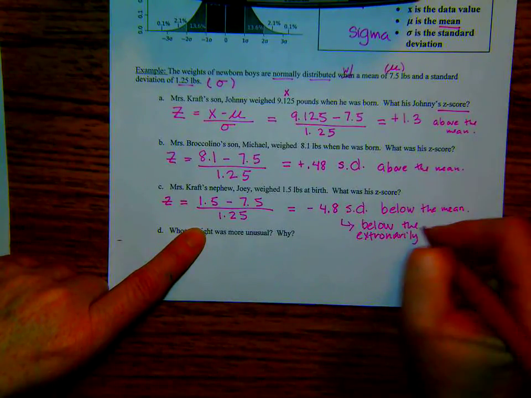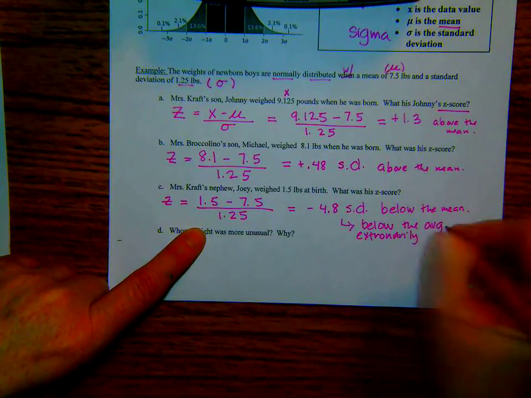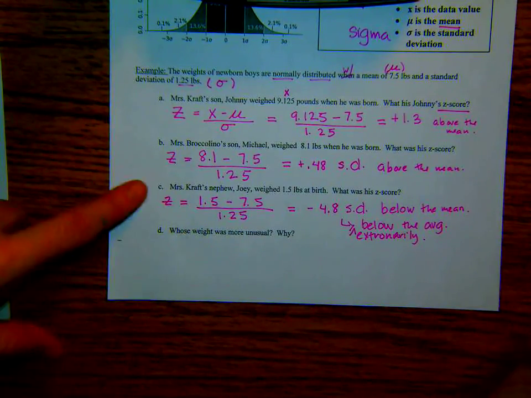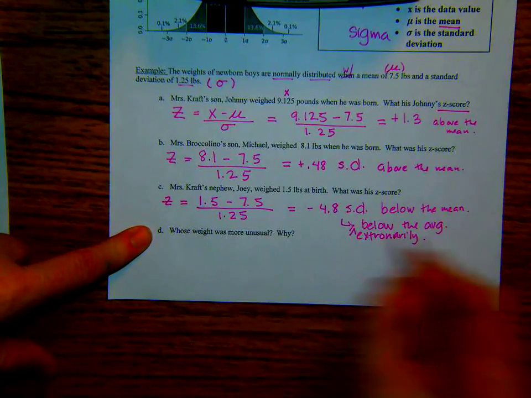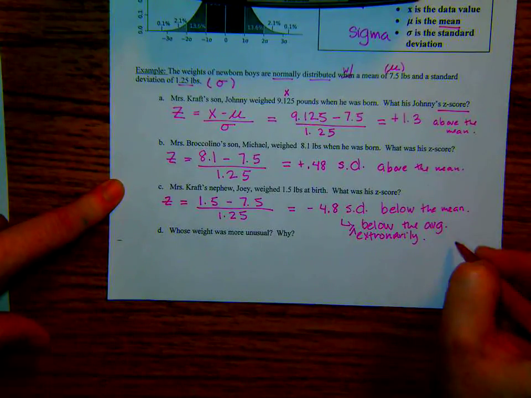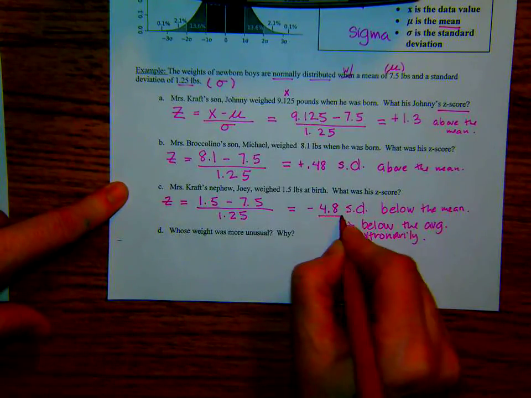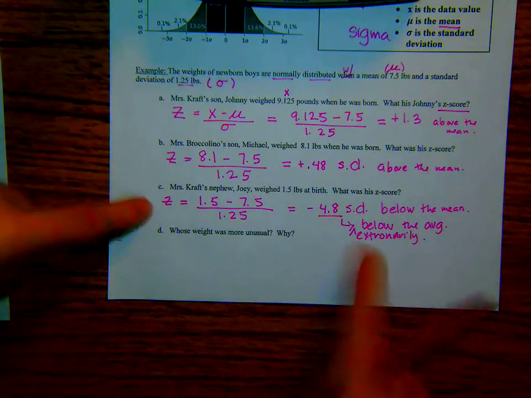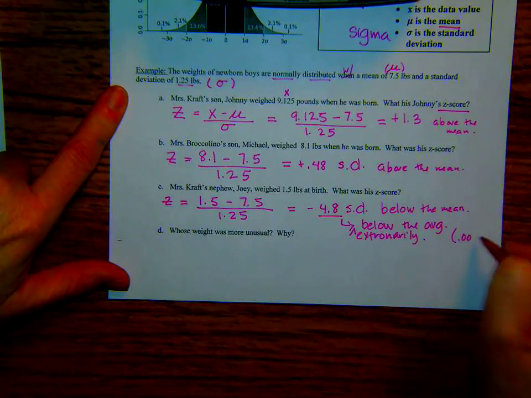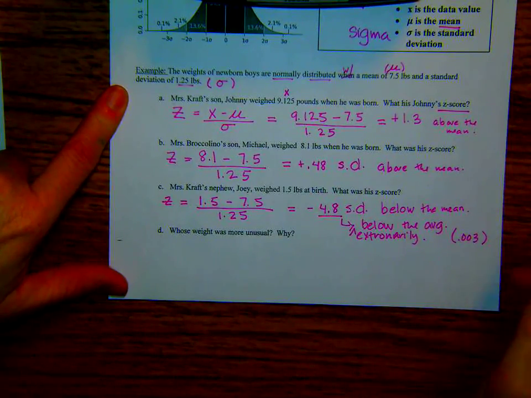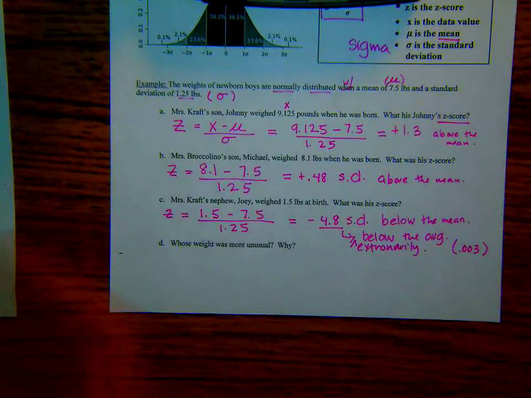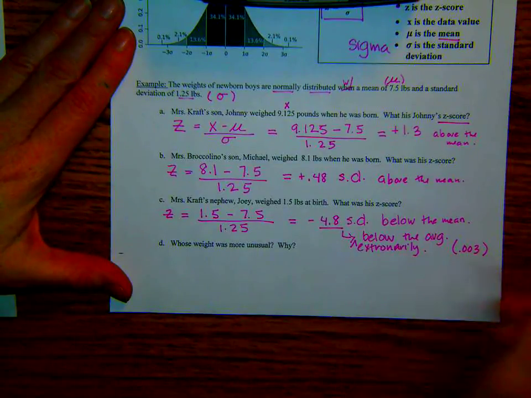So sometimes those things happen. We just have to think about what might the case be in this kind of situation where we're so off the chart. Joey was way to the left. He is in the 0.003% category, way down on the left there.